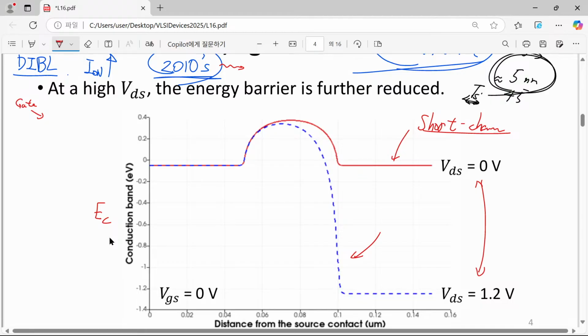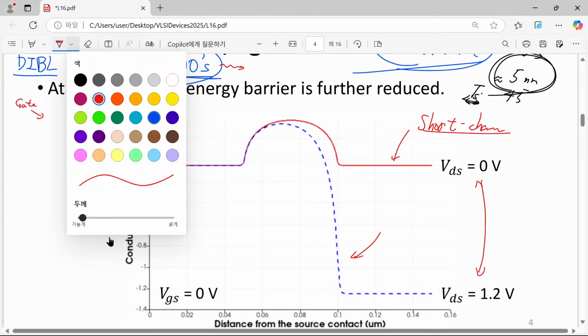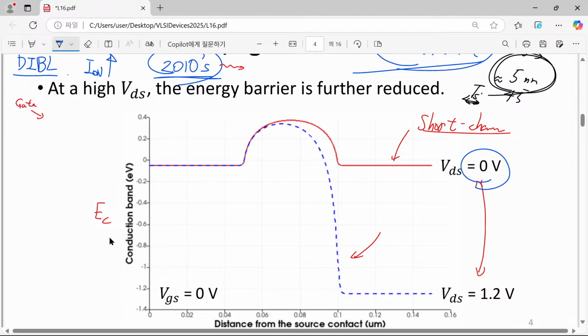And please have a look at the difference of a conduction band profile. When we have 0 voltage, then from the viewpoint of electrons residing at this point, they can see the maximum energetic barrier as an energy difference between this top of the barrier potential energy and its initial or equilibrium potential at this source side.